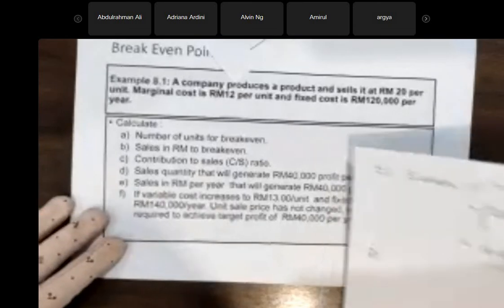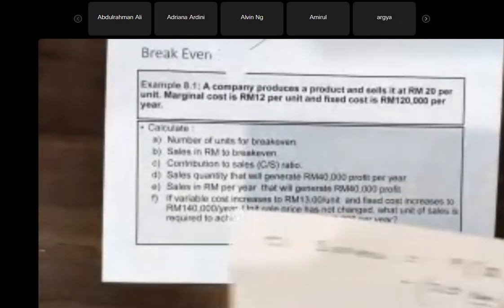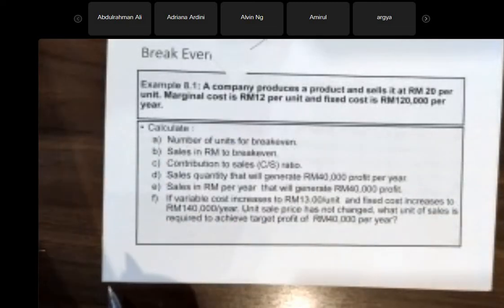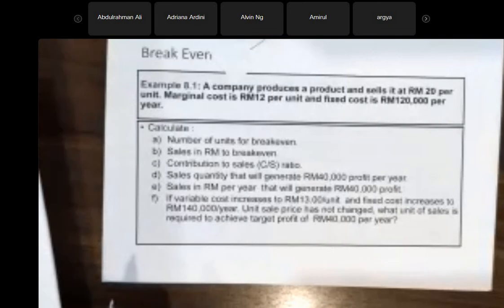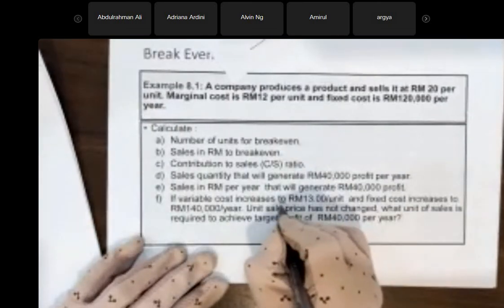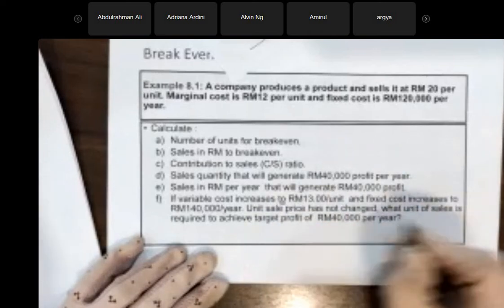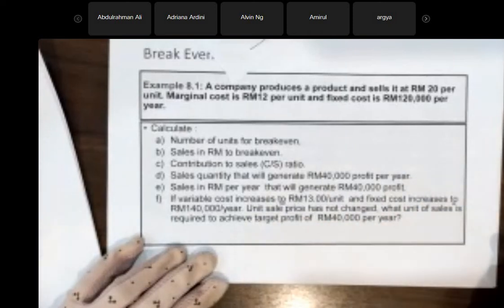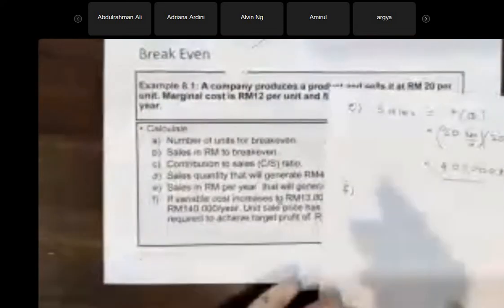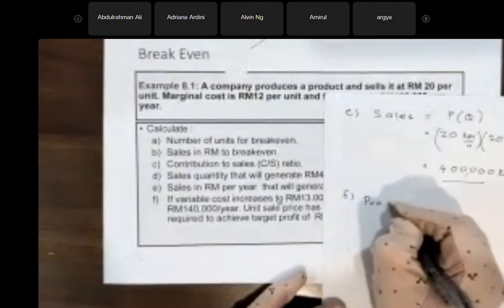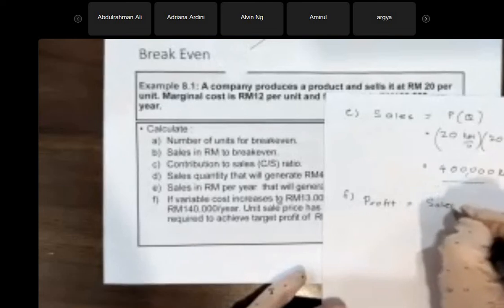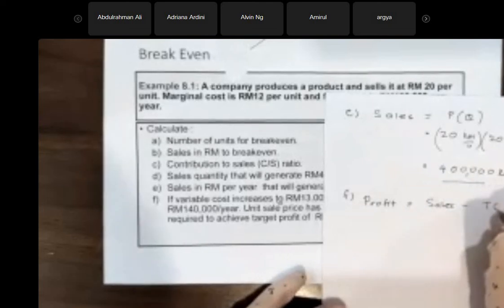And then F. How to solve the problem of F? If variable cost increases to 13 ringgit, be careful with this sentence, increase to. You know the formula is profit equals sales minus total cost, right?